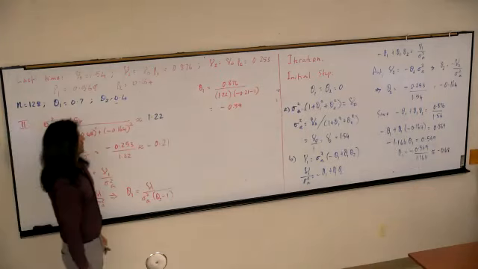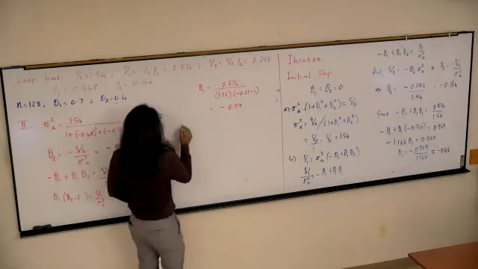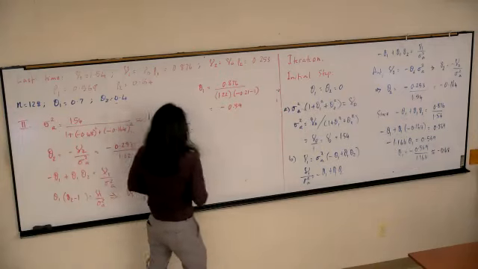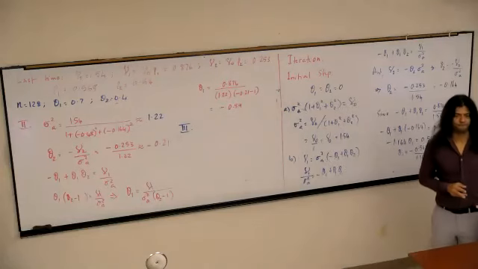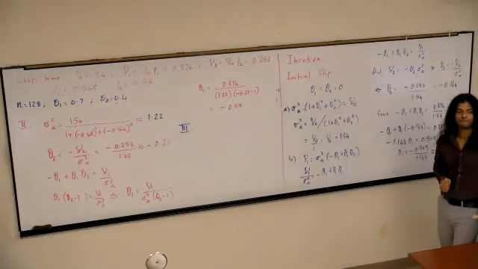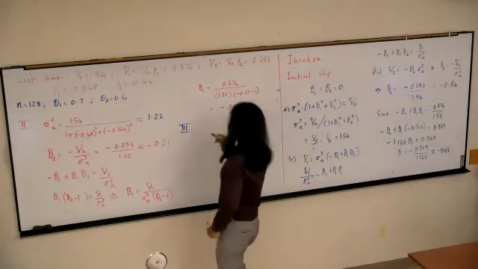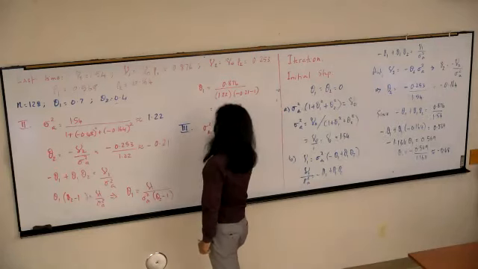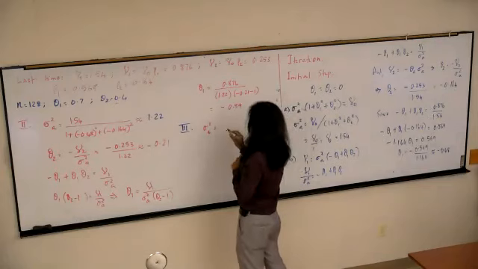Onward to the third step. Where should we start? Sigma squared A. The numerator, the autocovariances do not change.